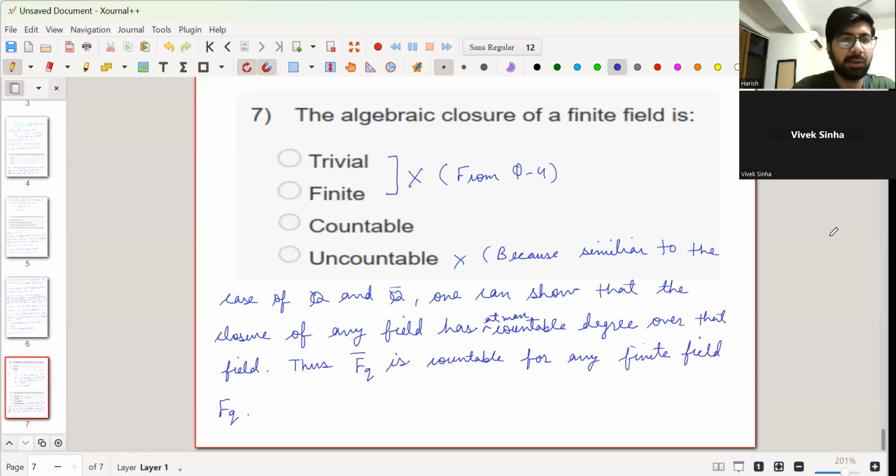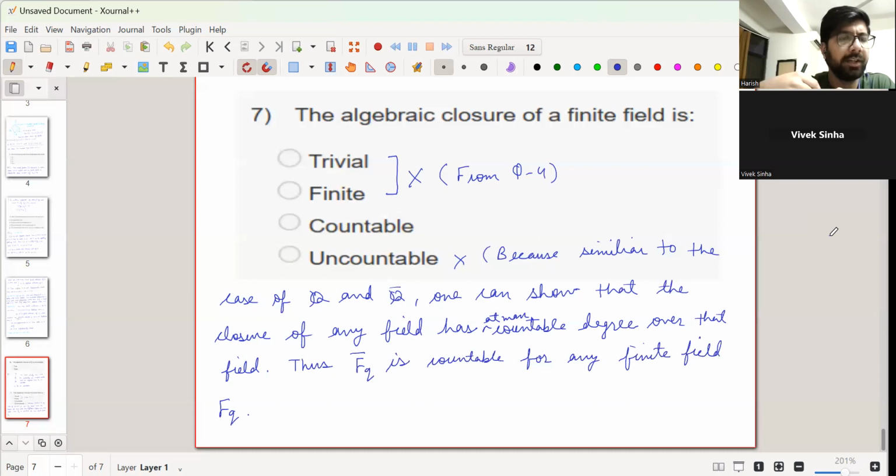Because it has countable degree over F_q, and we have seen that if K is an extension of F, then the cardinality of K is just the cardinality of F raised to the power of the degree of K over F. So here the degree is countable, and the base field is of finite cardinality.